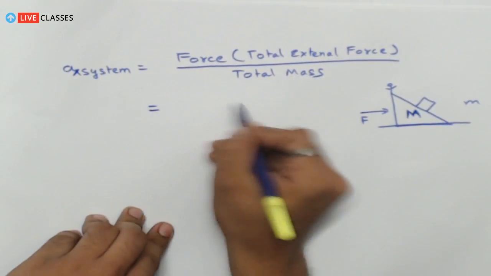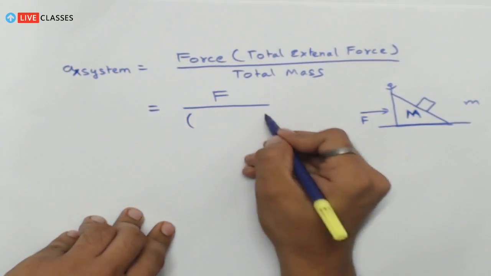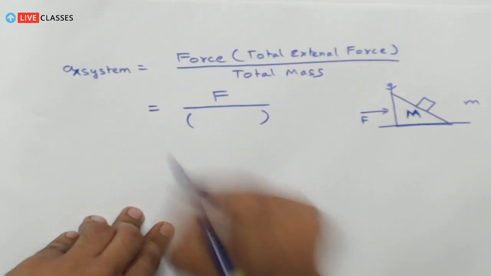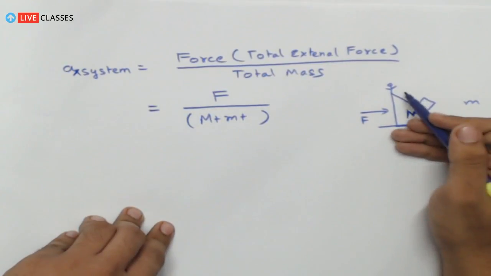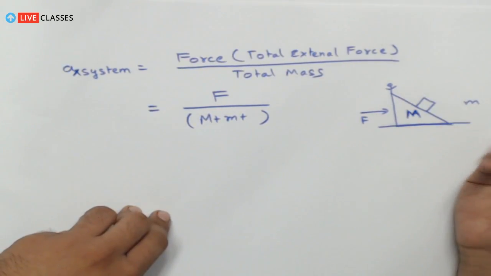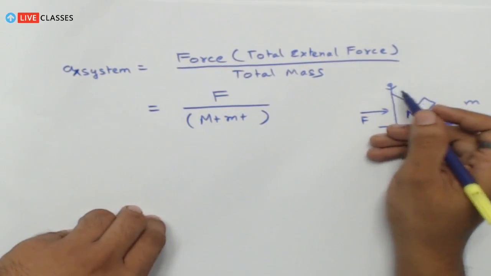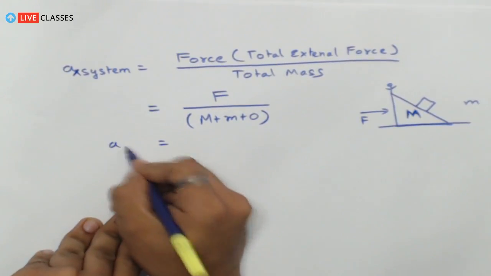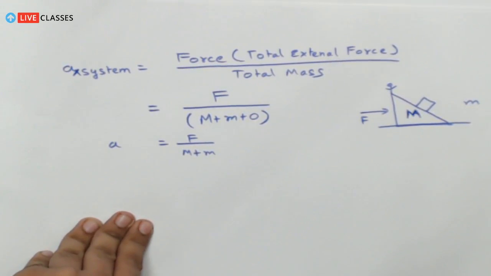So in the numerator there will be only F, and in the denominator the total mass: the mass of the wedge, capital M, plus the mass of the block, small m, plus the mass of the man. If the man was not massless we would have to consider his mass too, as he is also a part of the system. But to make it simpler, we are taking the mass of the man as 0. So acceleration is equal to F upon capital M plus small m.